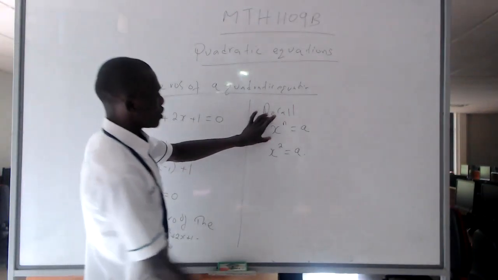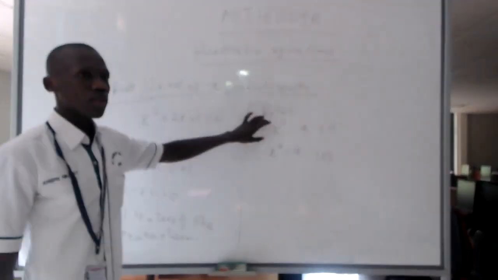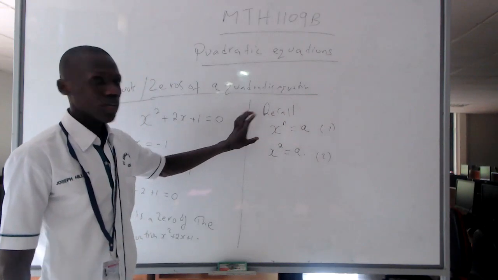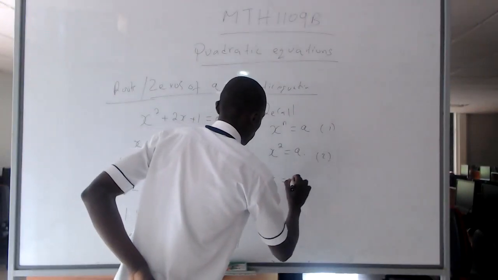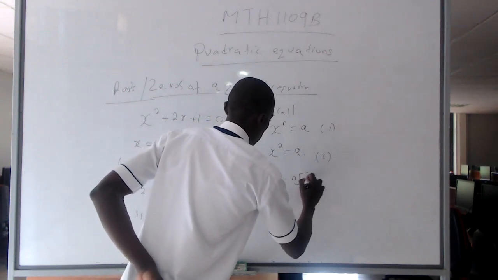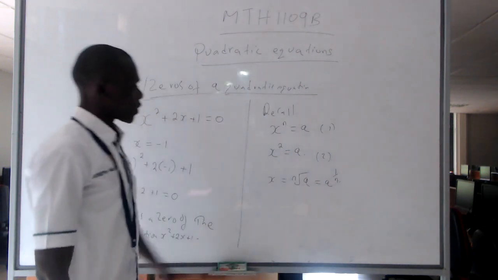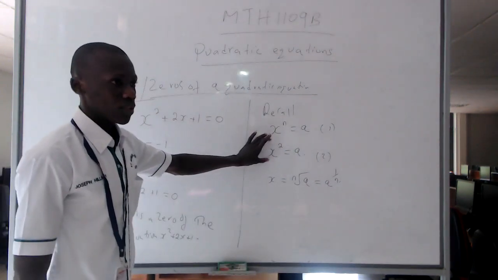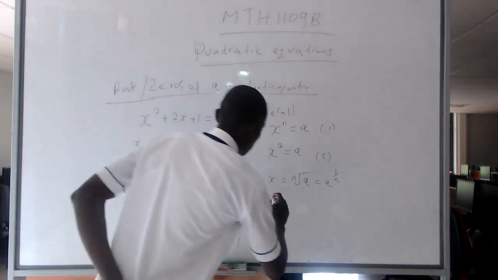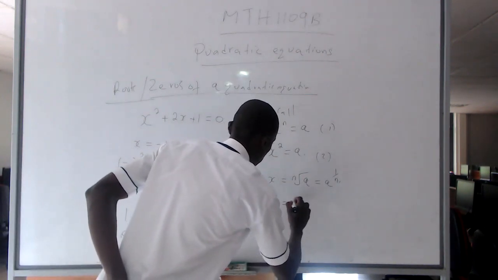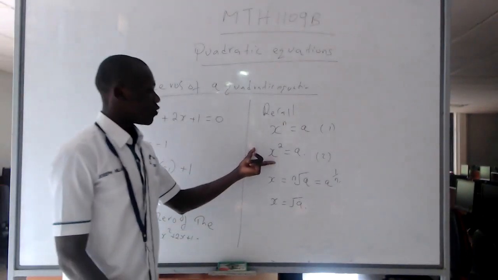To solve the first equation, simply find the nth roots on both sides. So the solution to the first equation is that x will be the nth root of a, which is simply a raised to the 1 over n. Similarly, the solution to the second equation will be the square root, so x is the square root of a. This will be a 0 of this equation.